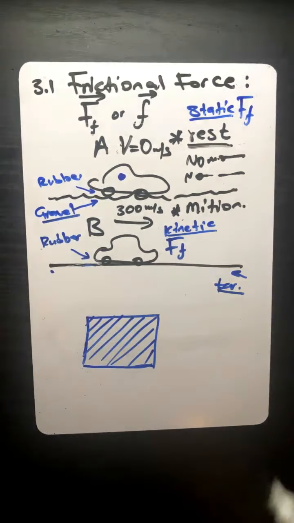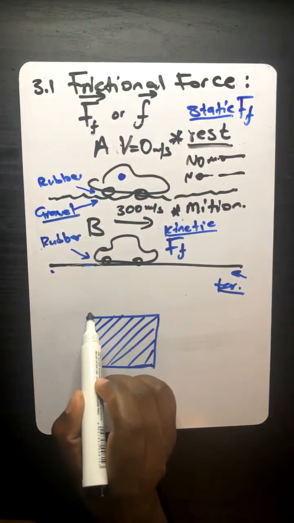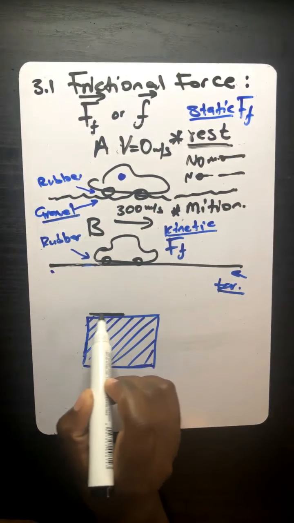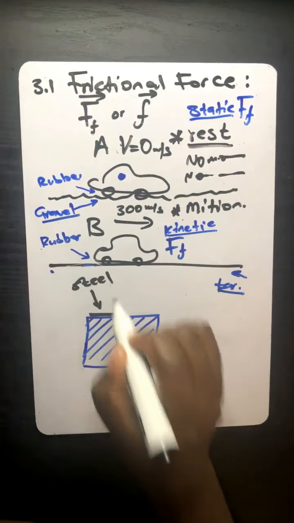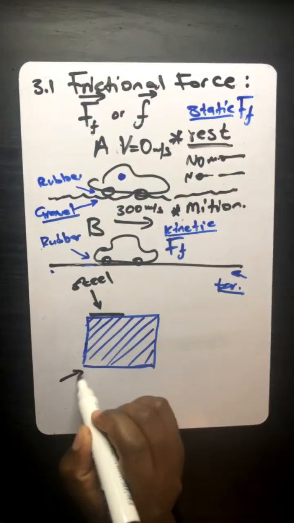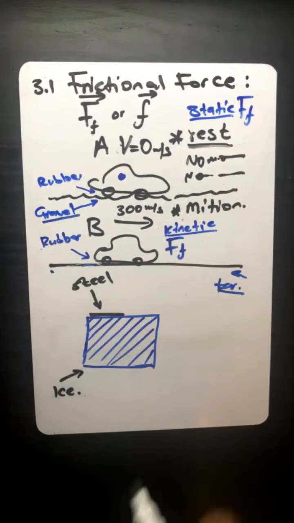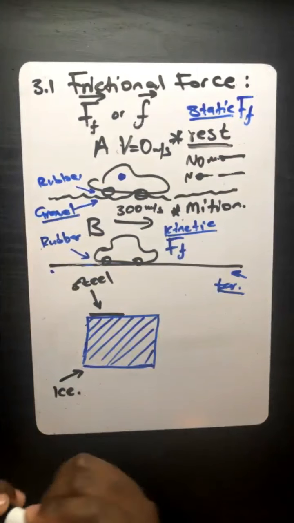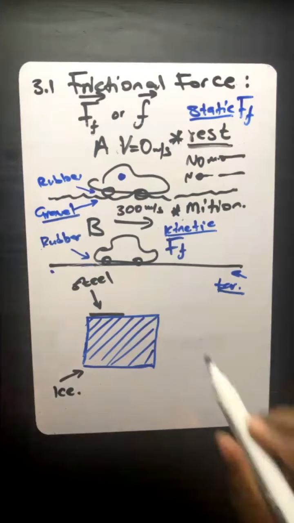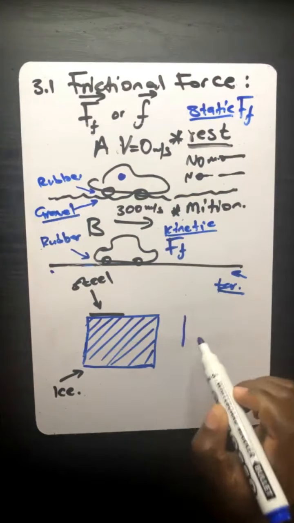Here comes a question, guys. Do you think when we slide, let's say, a steel on that ice, it's going to slide easily when compared to a rubber sliding on a tar road?